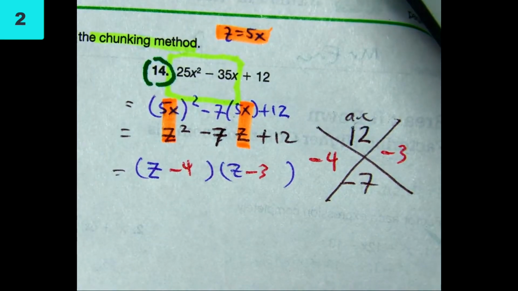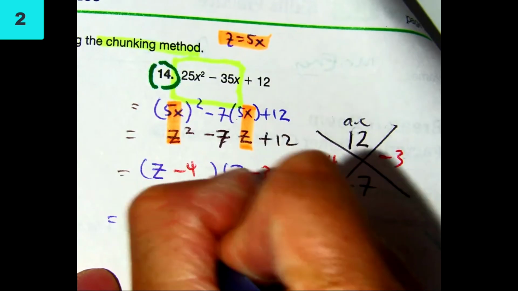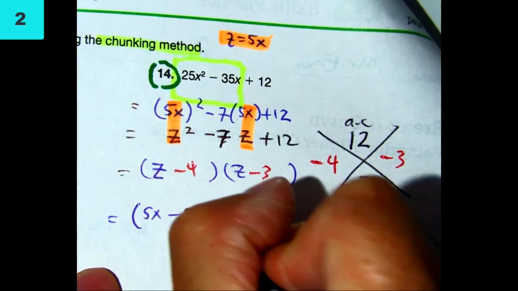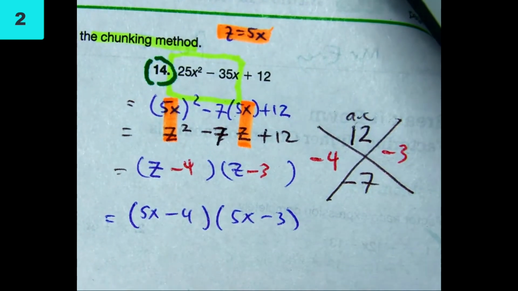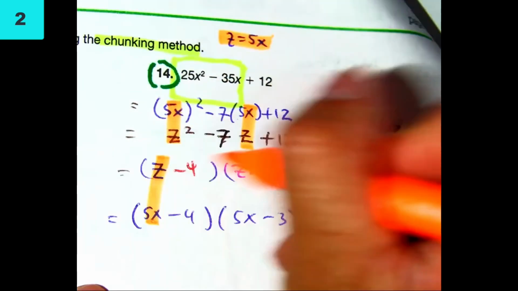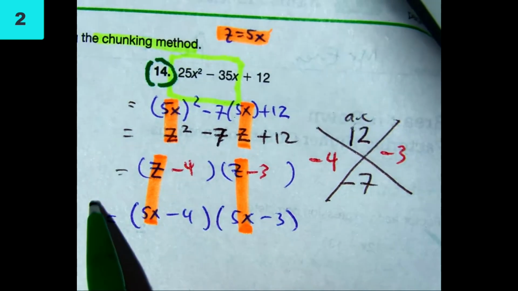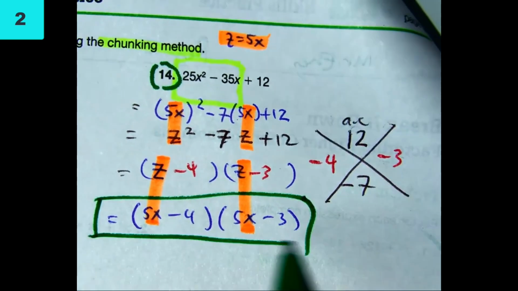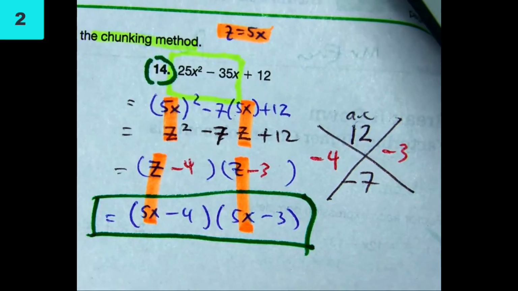Thank you, Josh. Sarah, are we finished yet? Tell me what's right now. So every z value you're going to substitute back in now. And your answer is going to be 5x minus 4 times 5x minus 3. Again, you can always interchange those. Raise your hand if you got that. Good job.